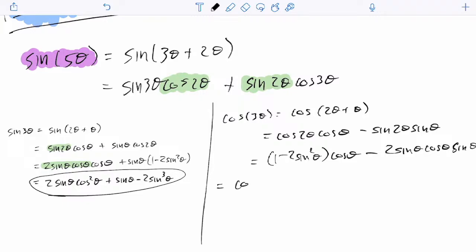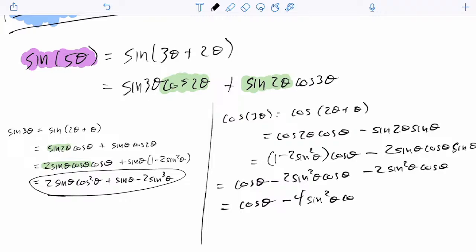And this ends up being cos theta minus 2 sine squared theta cos theta. I end up getting here cos theta minus 4 sine squared theta cos theta.